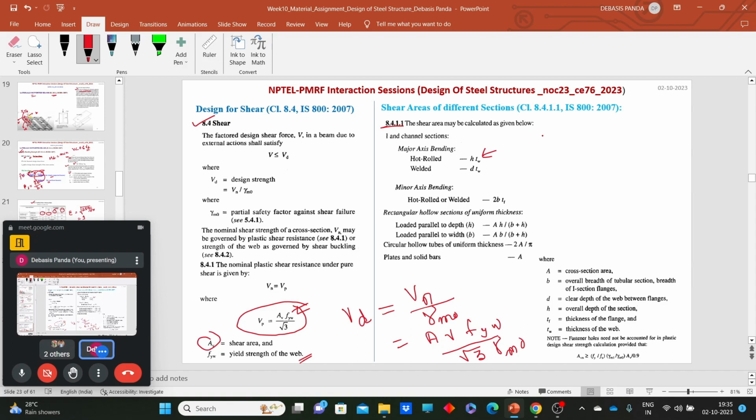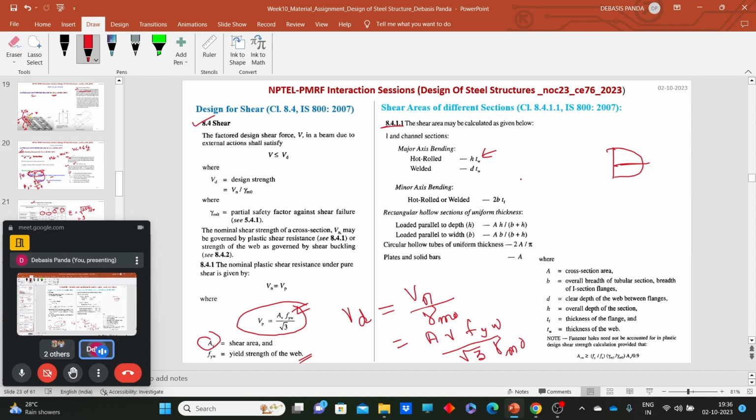Think about the shear distribution: we have the parabolic distribution of shear stresses, so at the mid portion the shear stress will be maximum. Remember the horizontal shear stress from your strength of materials or solid mechanics class. So mainly the web portion takes care of the shear, and the flange portion takes care of the bending moment.